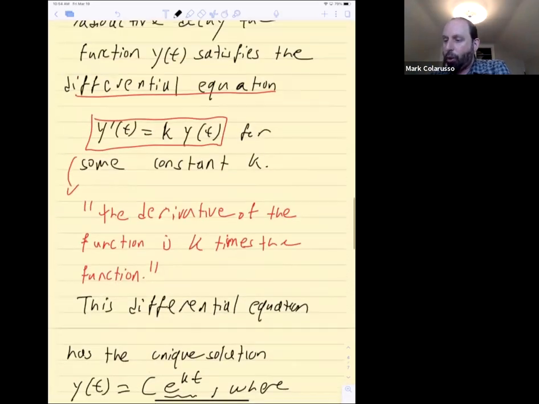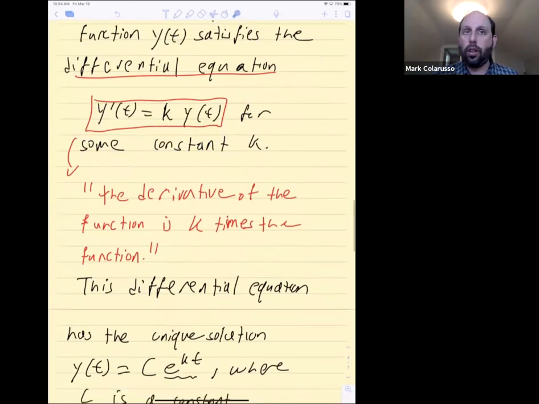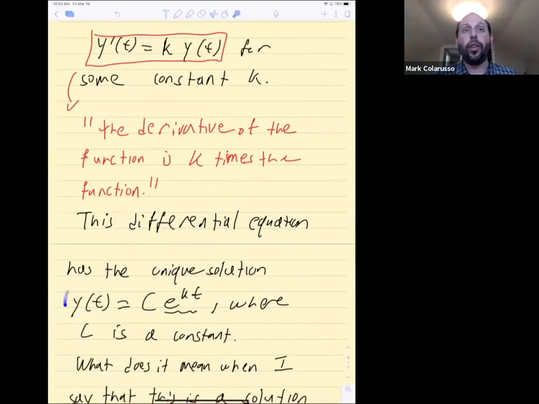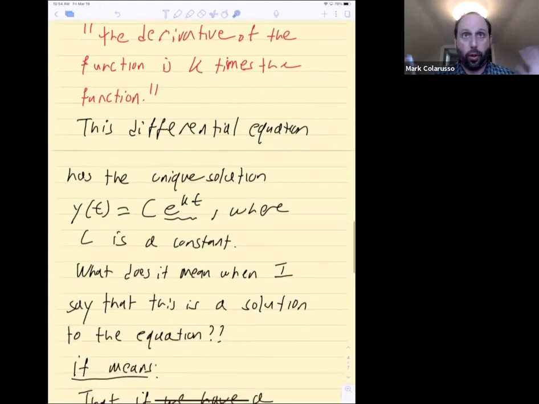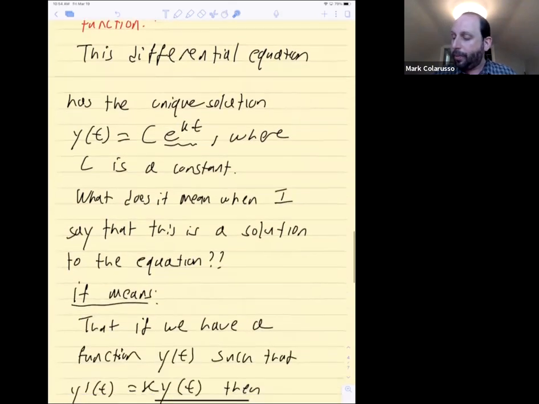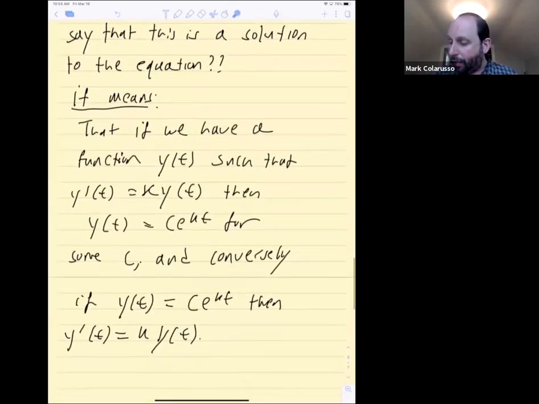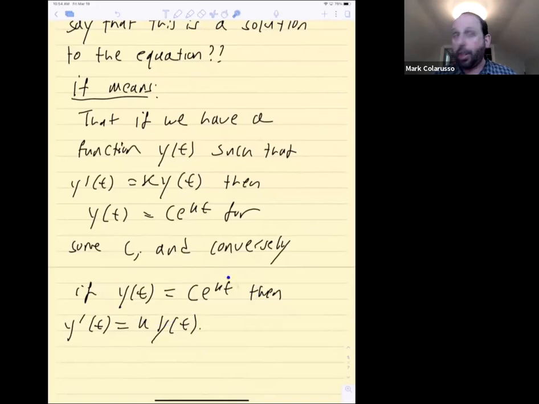It means that if you have a function y that satisfies this equation, it has to have this form. It has to be some constant capital C times this exponential function. And this k is part of the equation data, so that's baked in. There's no ambiguity there. And conversely, if the function is c times e to the kt, it satisfies this equation.